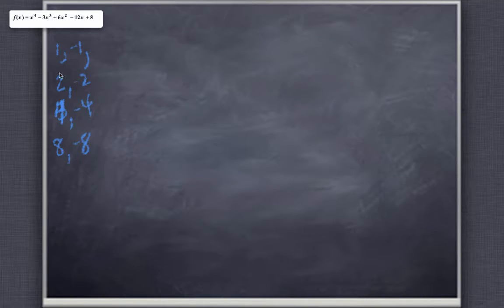Okay, so let's try 1. 1 for the x to the 4th, minus 3, 6, minus 12, 8. I'm not missing any, so I don't have to put in zeros.